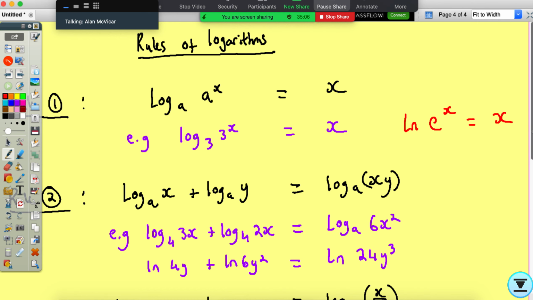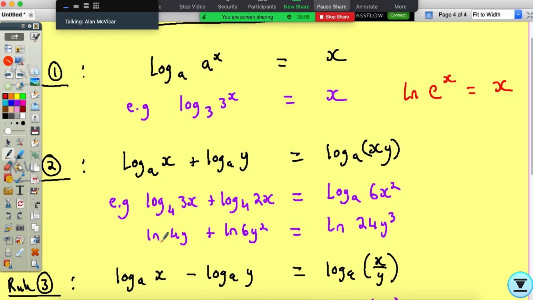Here, remember ln just means log to the base e. So same thing, if I'm adding them together, I just multiply the two terms inside the log, so that gave me 24y cubed. So if I'm adding two ln's together, I just multiply the expressions inside the ln.